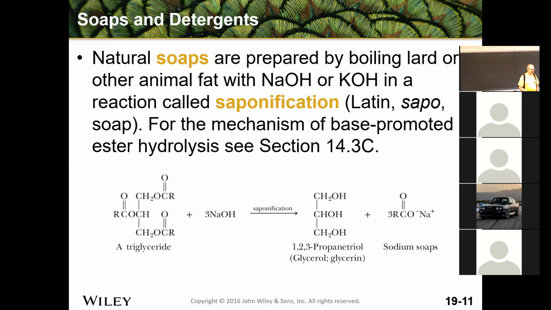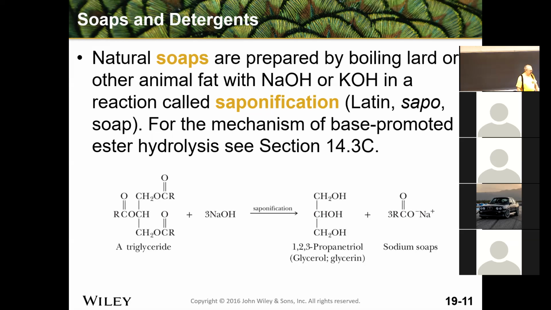Another reaction of triglycerides is called saponification. Saponification literally means soap making. Today, though, it is used to refer to the basic hydrolysis or splitting of any ester. We start out with a triglyceride, and we use 3 equivalents of sodium hydroxide, and this is carried out at high temperature in aqueous solution.